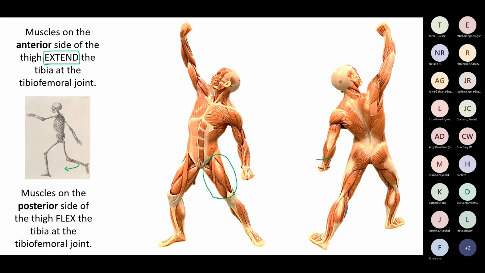When we're talking about flexing the tibia, these are the muscles that live on the back side, because flexing the tibia looks like this. So if you flex the tibia, you are one of the muscles that lives back here. Muscles on the back side of the thigh flex the tibia. They bring the tibia closer to the femur. Muscles on the front side of the thigh extend the tibia. They pull it away from the femur.